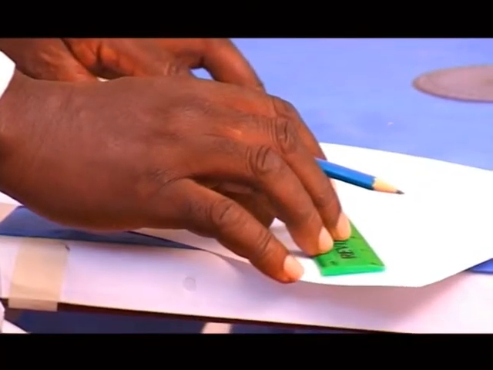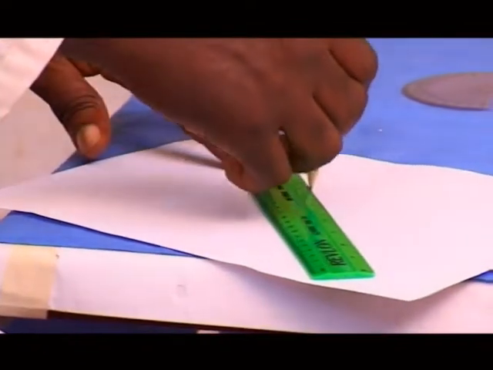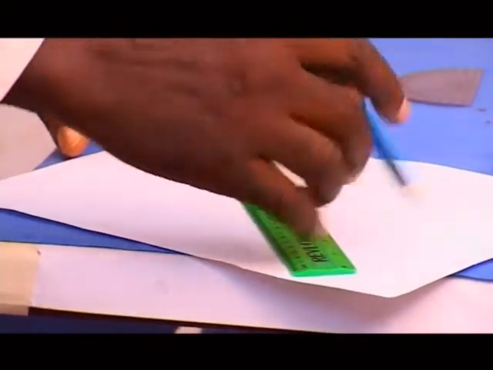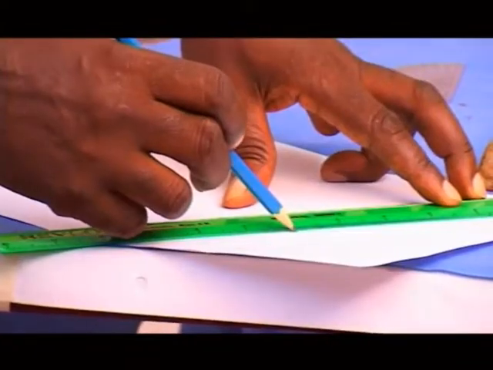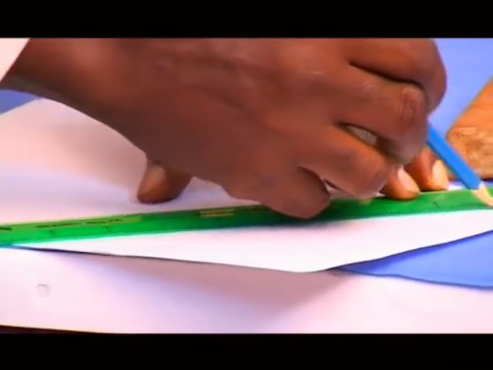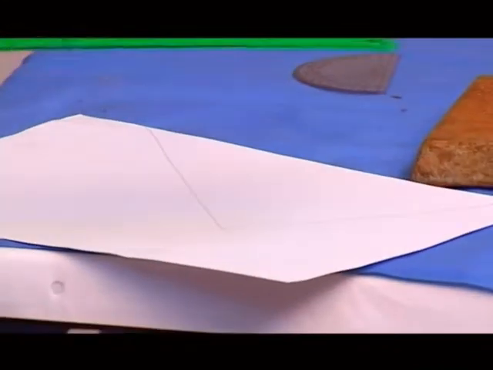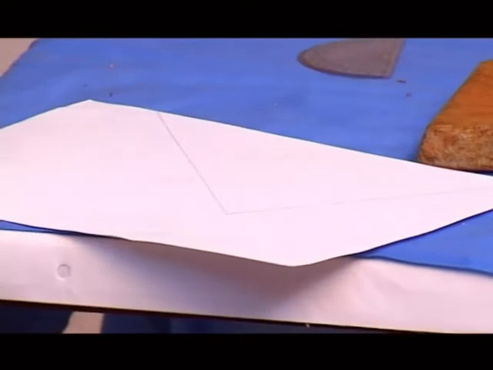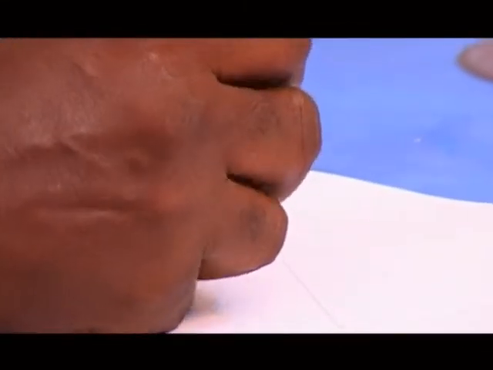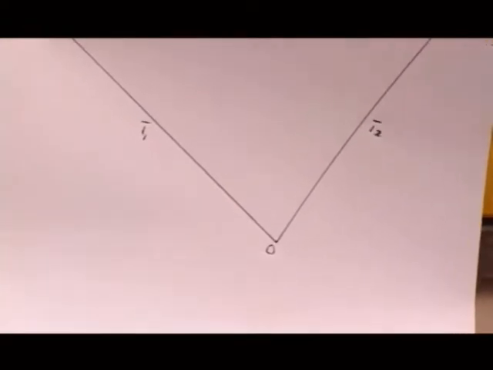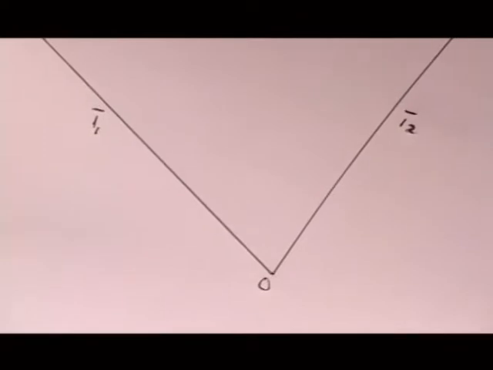Draw the lines to join the points you have marked. Call this side T1 and this side T2, and this is the origin point.